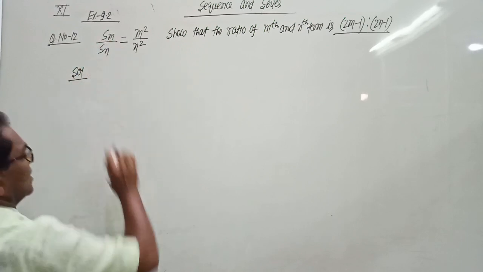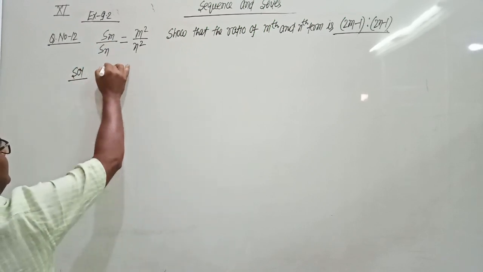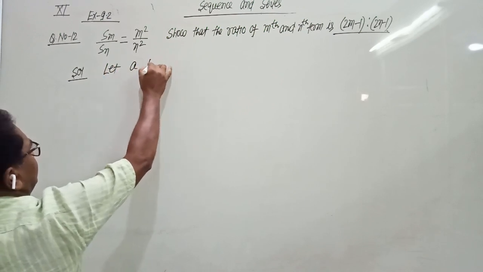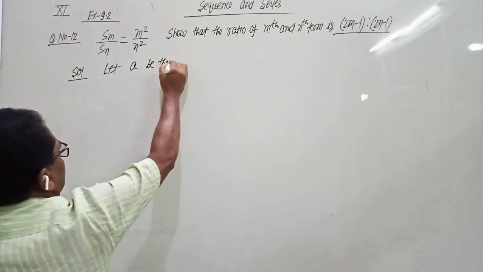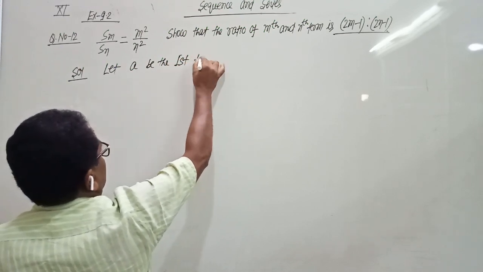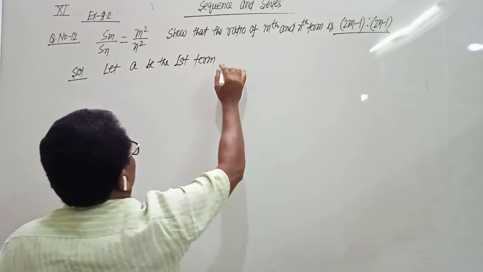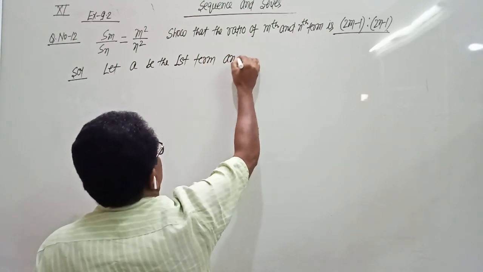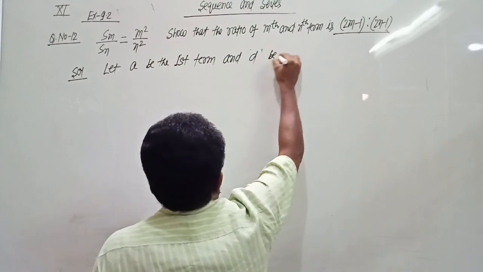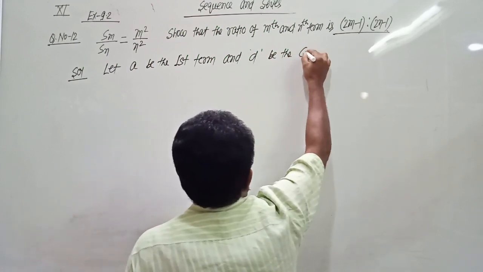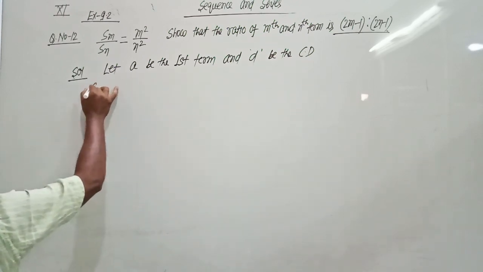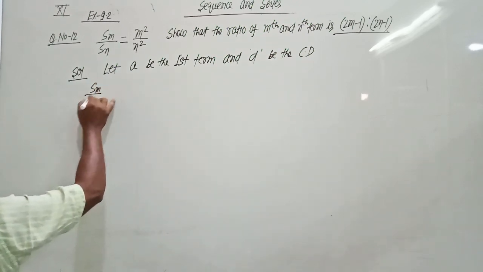So the formula for Sm, let a be the first term and d be the common difference. Then Sm upon Sn.